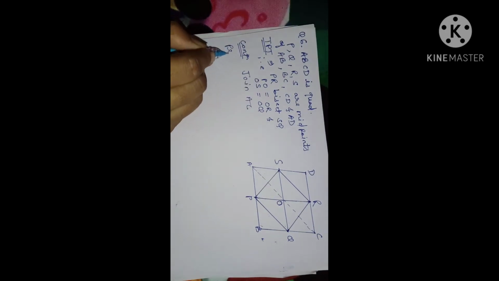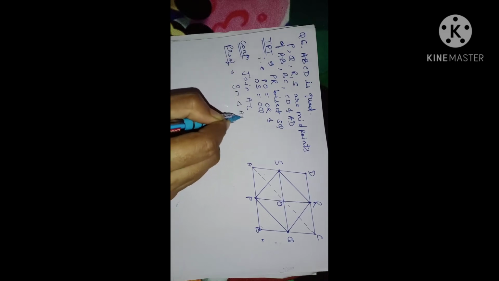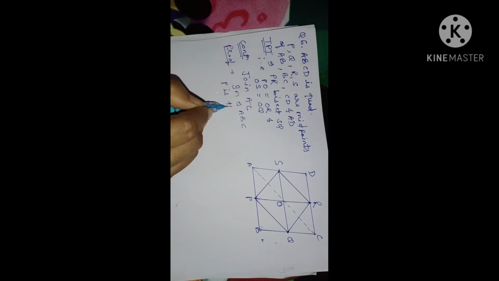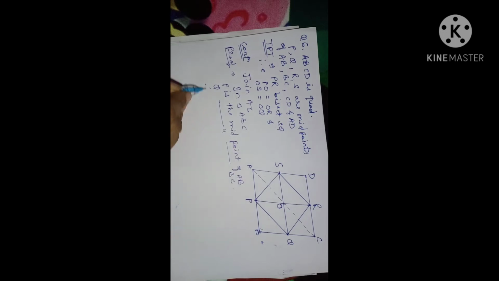In construction, first of all, write join AC. Now, proof: in triangle ABC, P is the midpoint of AB and Q is midpoint of BC.